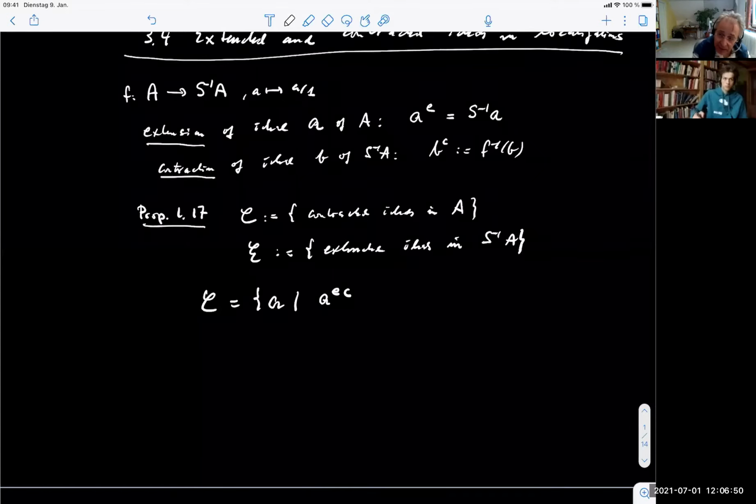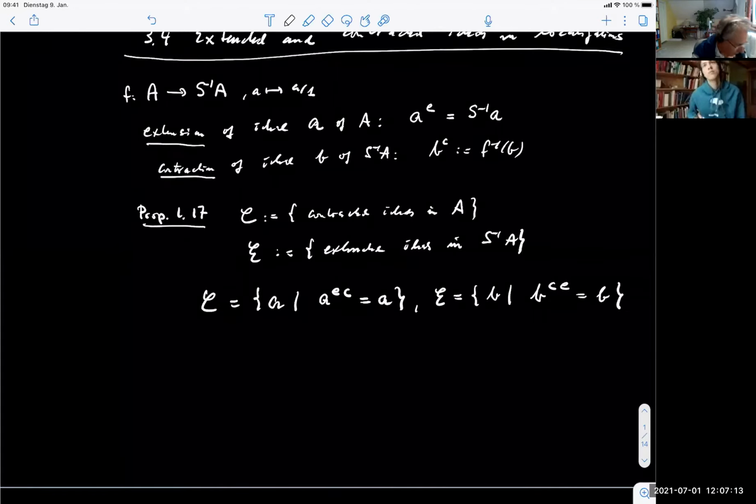Certainly I get an ideal which contains a, but if I exactly get back a, then this means it was a contracted ideal. Similarly, I can denote the set of extended ideals by the set of b with the property: first contract, then extend, I get b.